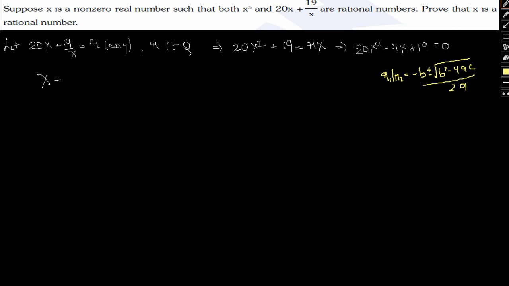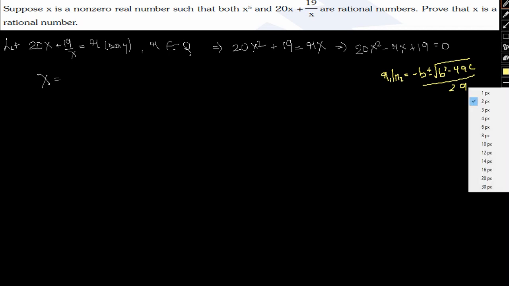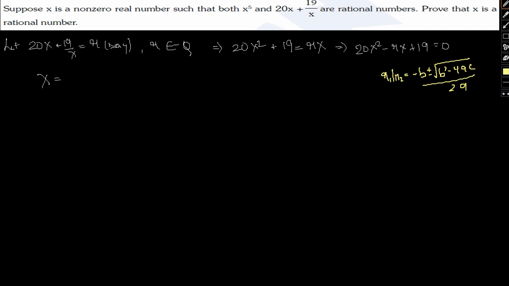We'll be using the same formula in finding the root. So here we have r plus minus root under r square minus 4 into 20 into 19, where a is 20 and c is 19, by 2 into 20 is 40.